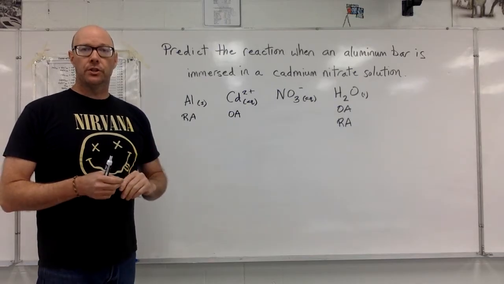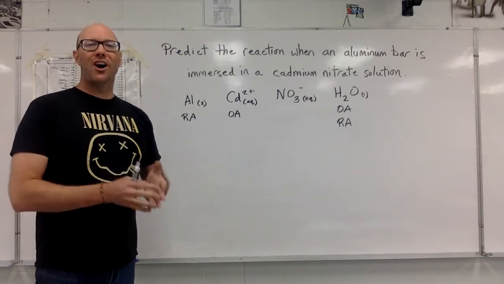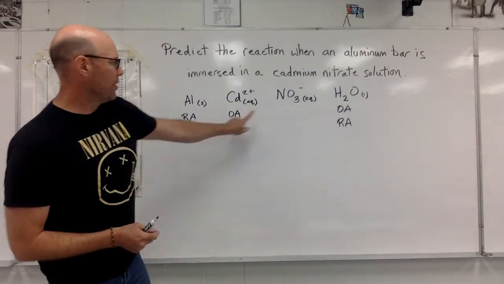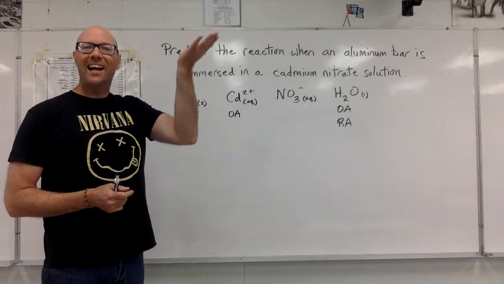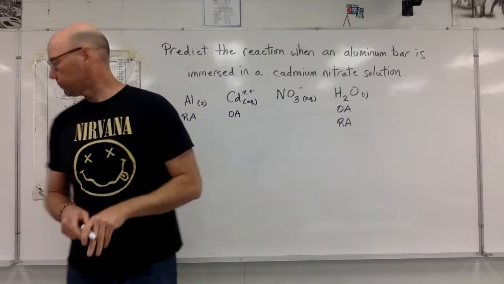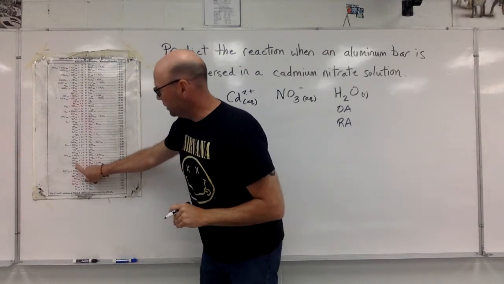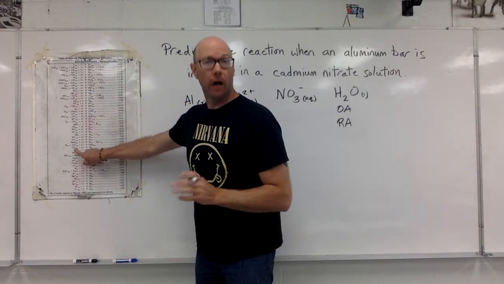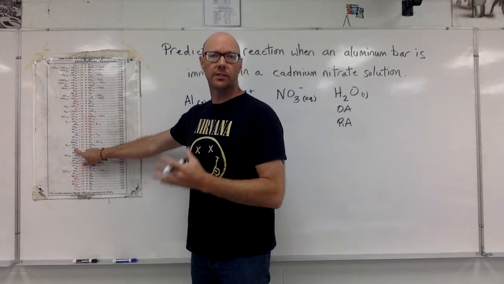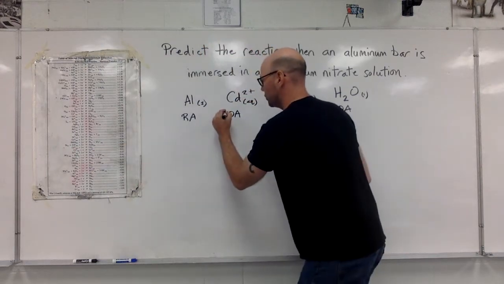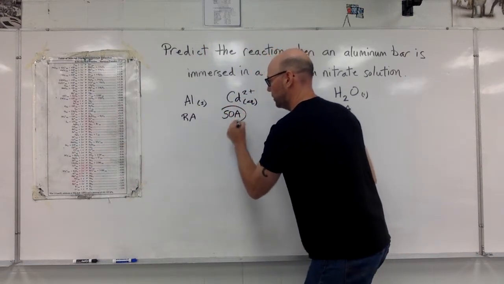The third step is to find the strongest oxidizing agent. Out of the two, which one is stronger? It's the one that's highest up on the table. So water is here. The cadmium ions are higher up. Out of the two possibilities, the cadmium is the stronger oxidizing agent. It's the strongest oxidizing agent that's present.